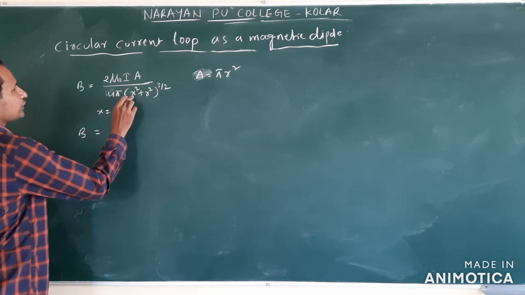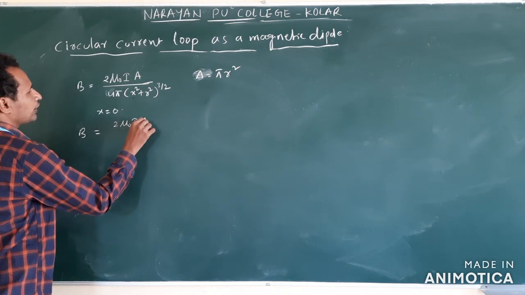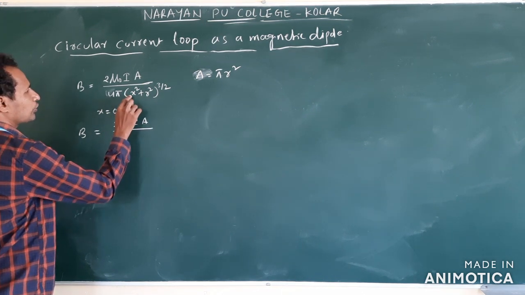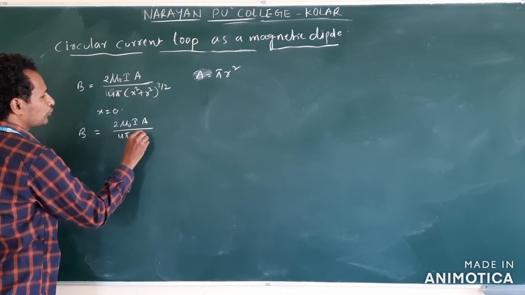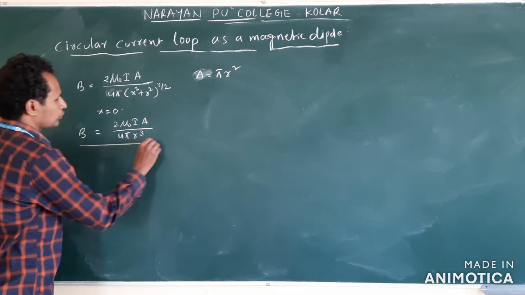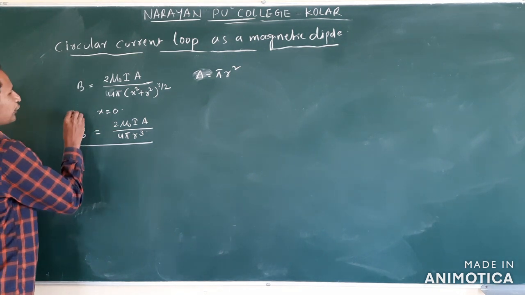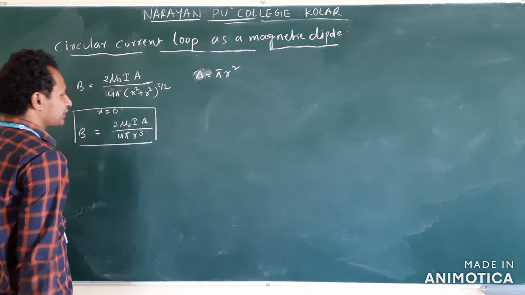B is equal to 2 mu naught I A by 4 pi r cube. Clear? Understand? So this is the magnetic field on the axis, at the center of the current loop.